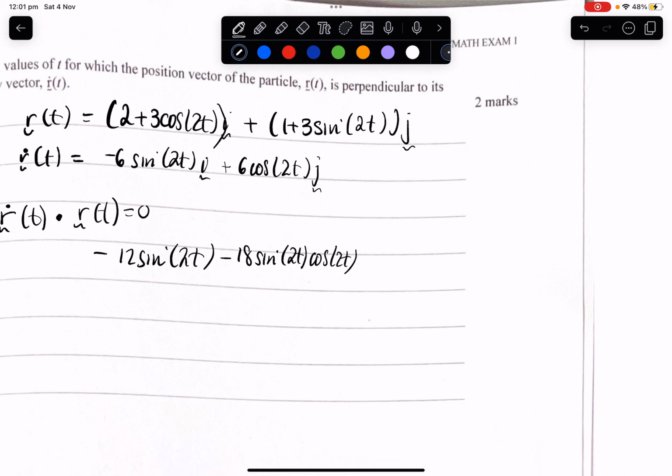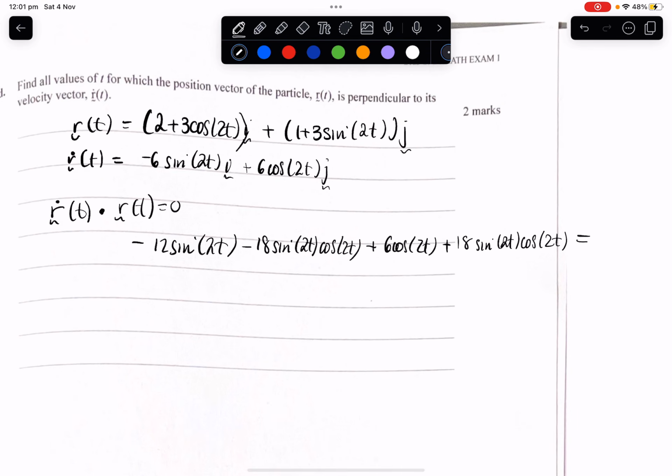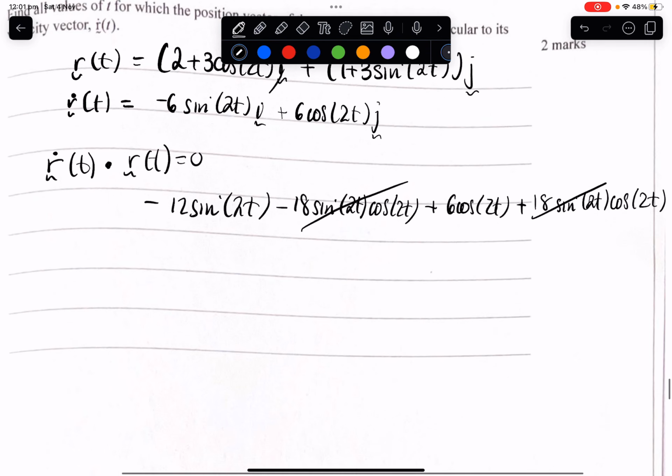Okay, and then plus 6 cos 2t plus 18 sine 2t cos 2t. Oh, okay, so it's not that bad. That's equal to 0 because these cancel, and you've got 6 cos 2t is equal to 12 sine 2t.